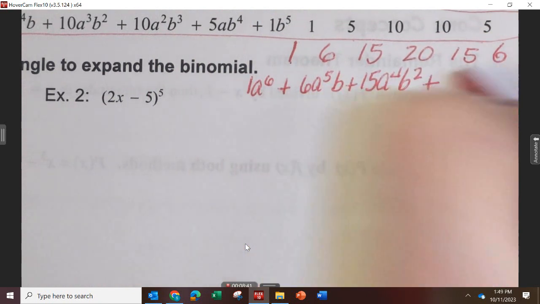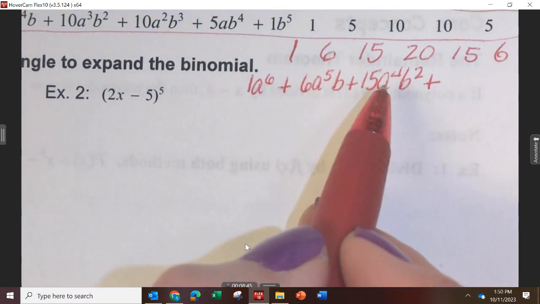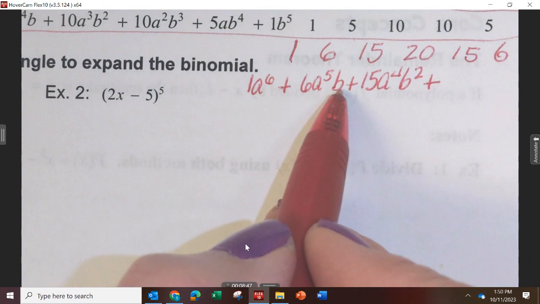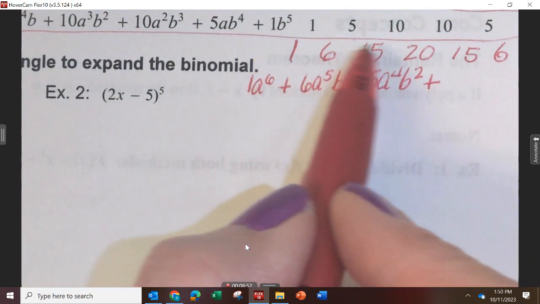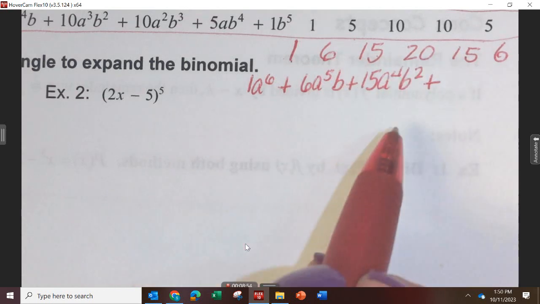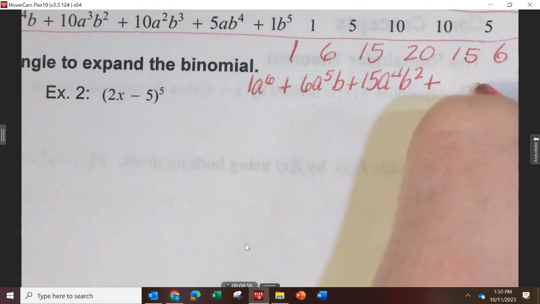Okay, don't say the next one. Let everybody look at the pattern. A to the 6th, A to the 5th, A to the 4th, no B, B to the 1st, B to the 2nd. We've done this number, this number, this number, so we're on this one. I need more people figuring out the next term.